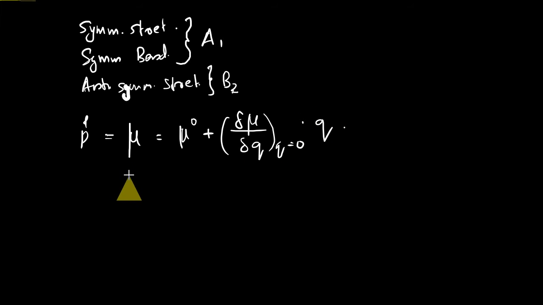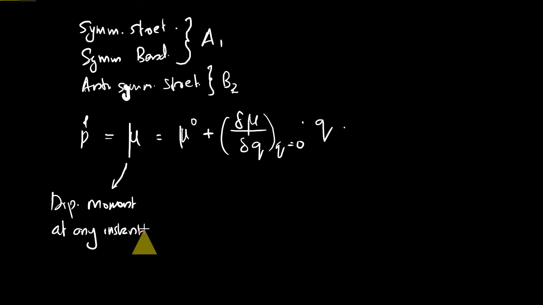Here mu is the dipole moment of the molecule at any instant. And mu zero is the dipole moment at the equilibrium position, or you can say this is the equilibrium dipole moment.